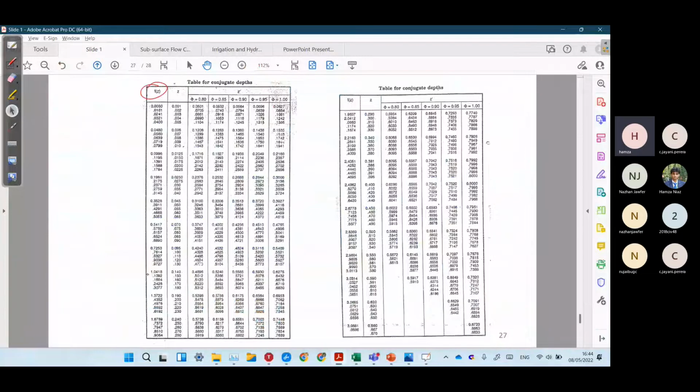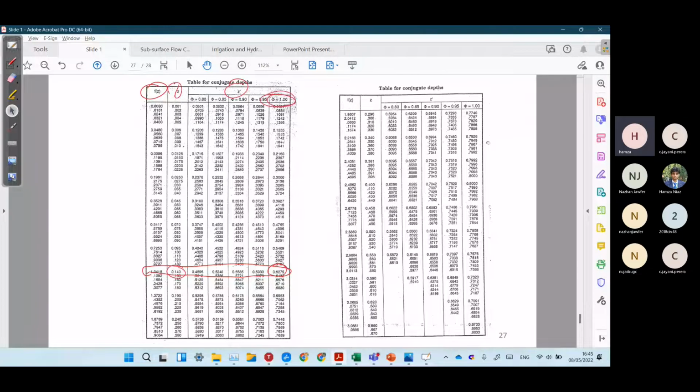For approximately this one, we can interpolate between the above and the below values, but these values are very small, so we can simply pick the nearest one. So for x value approximately 1.0418, our z value and z bar values are this one.